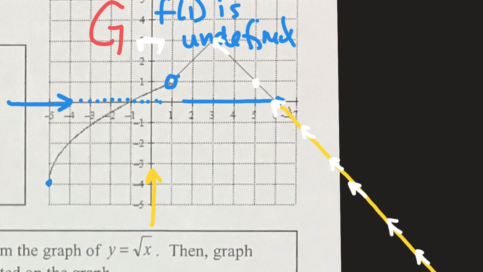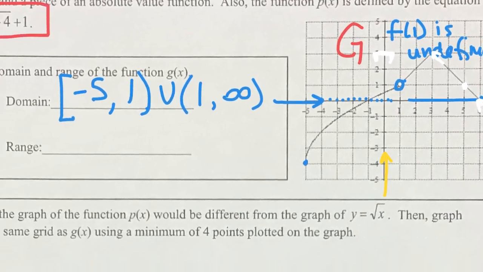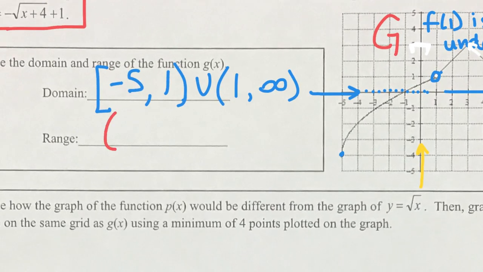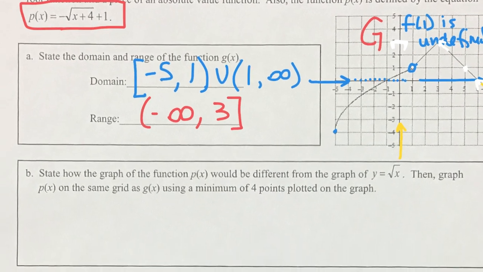Because of our arrow on this absolute value graph, our range is going to be from -infinity to +3. Everything between there is acceptable and a possible y value. There are a couple of times where we have multiple y values, but they are all included in there.